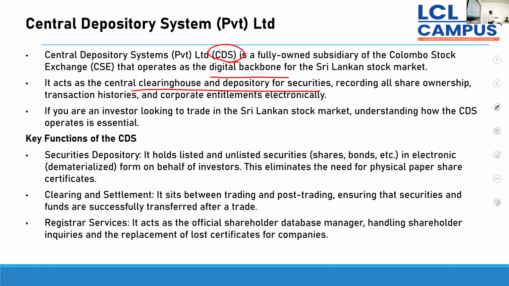Clearing house means when the buying and selling happens, they transfer all the funds and shares electronically. Depository for securities means they hold the securities on behalf of the owners. It can be a share, debenture, bonds. They facilitate the trading.